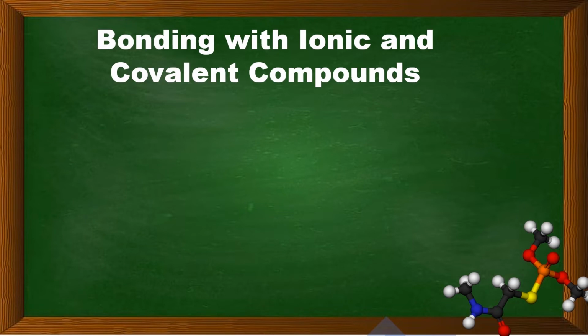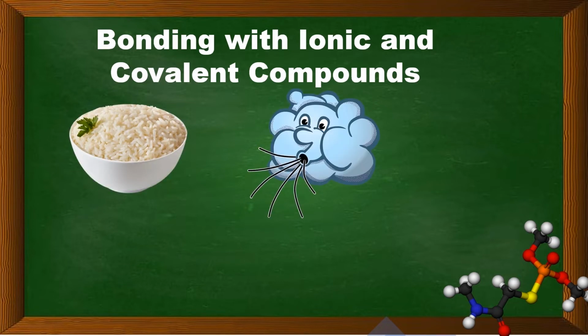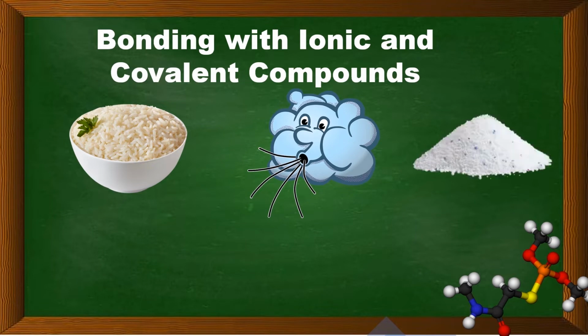Compounds play a big part in our everyday life. Like for example, you can find these compounds present in our food, air, cleaning chemicals, and literally in every object that you can see or touch. Compounds are made up of elements that are chemically bonded by electrostatic forces.